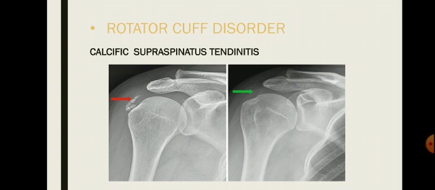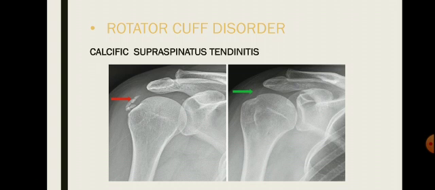So there is acromial impingement, and it causes severe pain. This happens mainly in the 60 to 120 degree range of abduction. And this happens in males after 50 years of age.